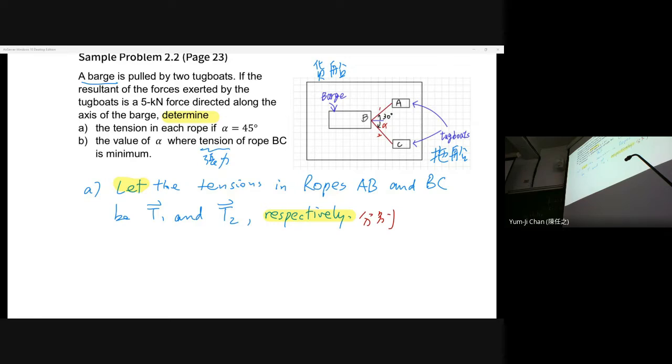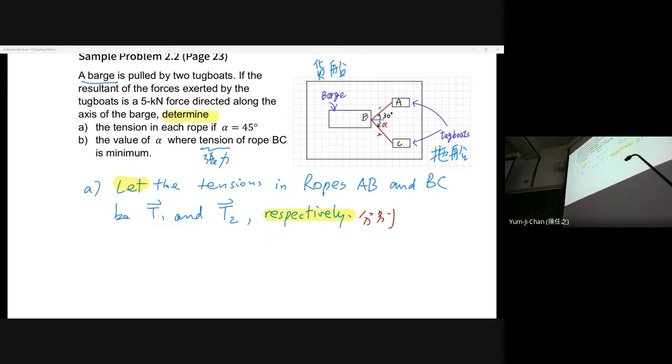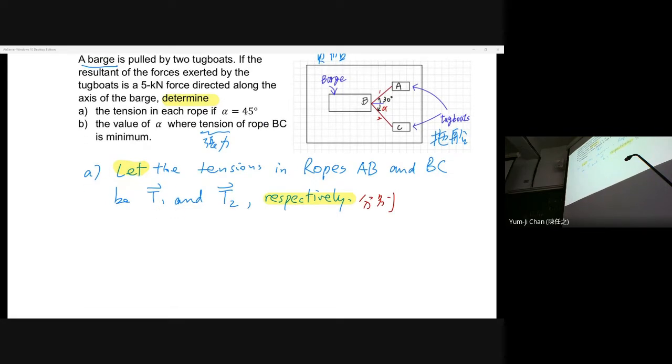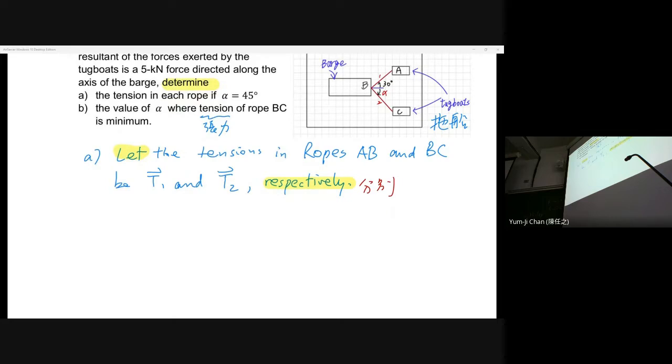Now we give them symbols or variable names. So we draw the diagram.